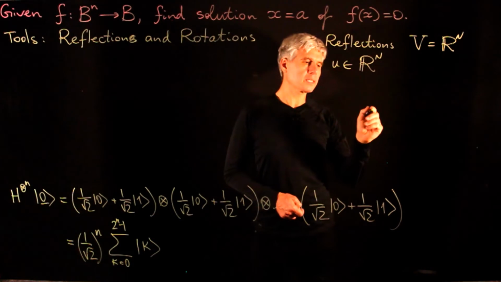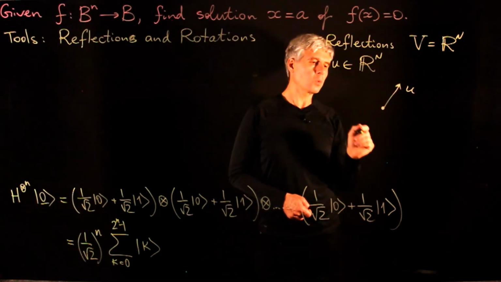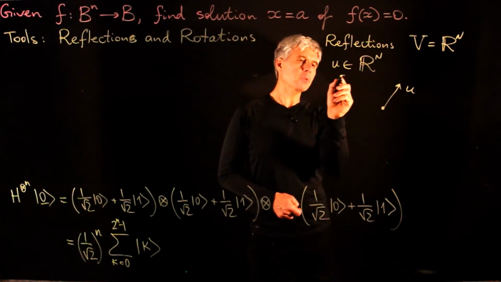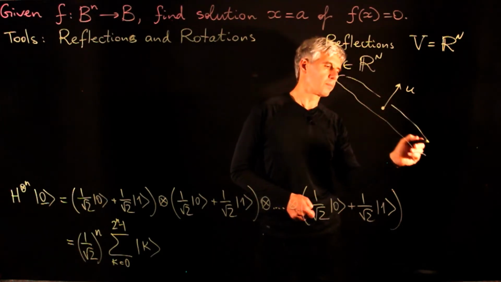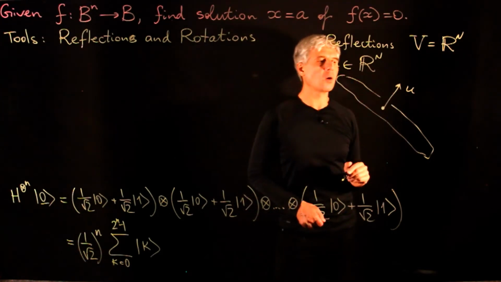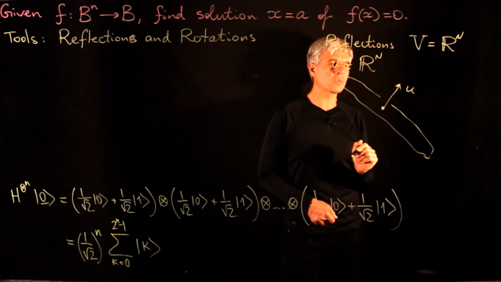So what is a reflection with respect to u? In R^n we consider a hyperplane that's perpendicular to u. Right, so this is the plane of all vectors that have 0 dot product with u.